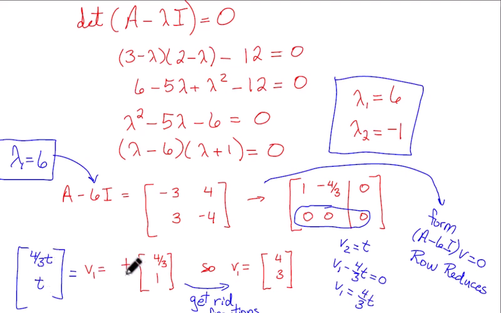If you factor out the T, it looks like that. But we like our eigenvector to not have fractions, and it's just a scaled multiple anyway on the outside. And so I multiply by 3, and I get that the eigenvector for 6 is 4 and 3.